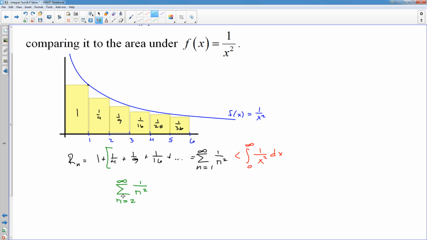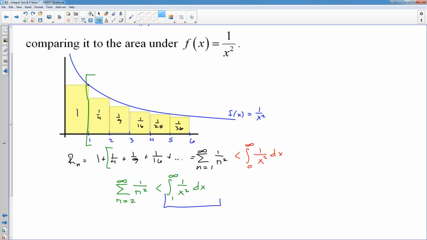Because if I can determine that the series from 2 to infinity converges, then adding 1 to it is not going to affect the convergence of it. Now, since I'm starting with the term 1/4, I'm going to compare that, and I know that that series is less than the area from 1 to infinity, and by making that one little change, I now can do this as an improper integral.